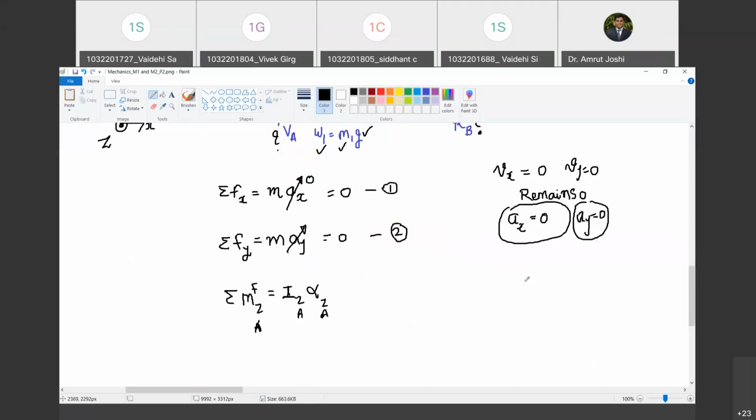No. So what is the angular velocity about the z-axis passing through A? 0. And did it remain 0? Yes, it remained 0 throughout the observation. So what can you say about alpha ZA? It has to be equal to 0. So this also turns out to be 0. This is the third equation.